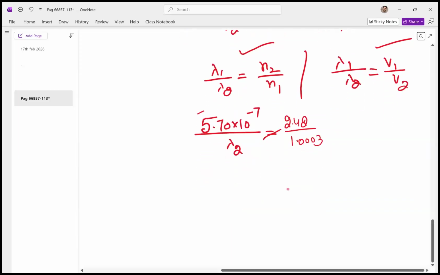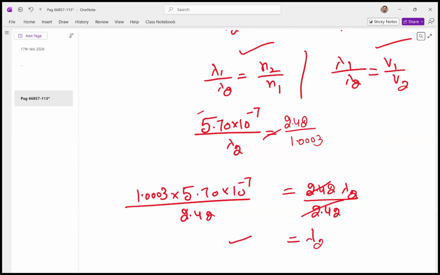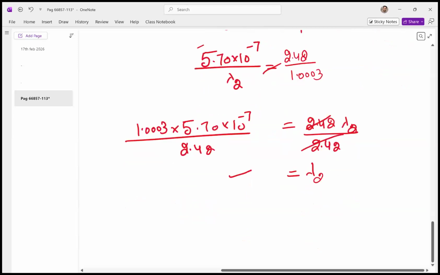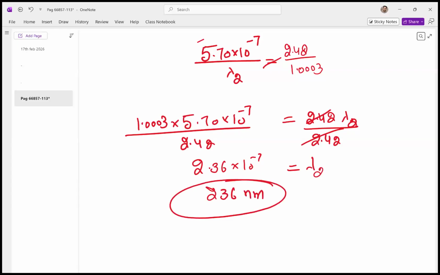Lambda 2 will go on the other side, 2.42 lambda 2 equals 5.70 times 10 raised to power negative 7 multiplied by 1.0003, and then dividing both sides by 2.42. 2.42 cancels out. Lambda 2 value I can easily find out from here, that is 2.36 times 10 raised to power negative 7, which is 236 nanometer also, right? So that's how you're going to solve this question.